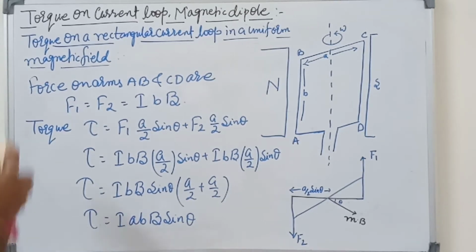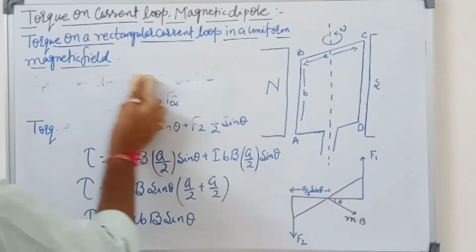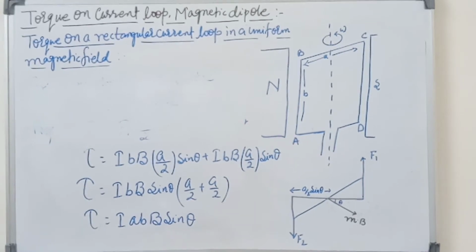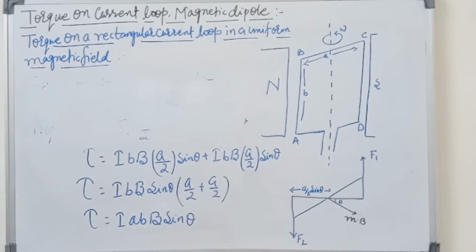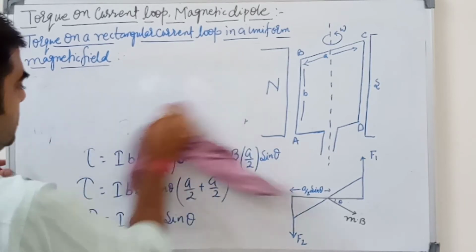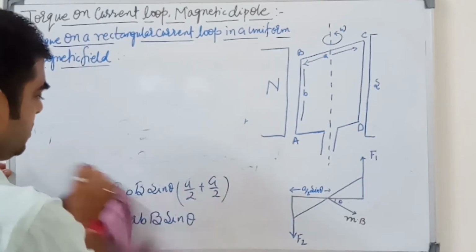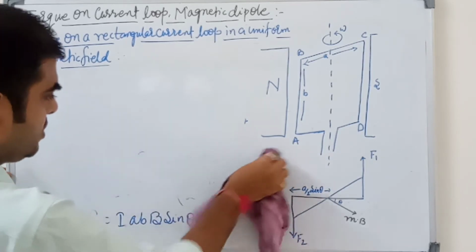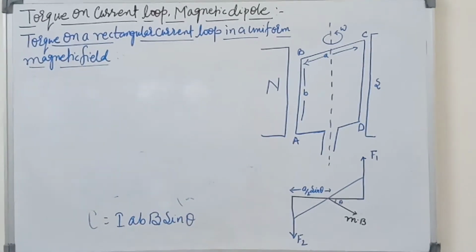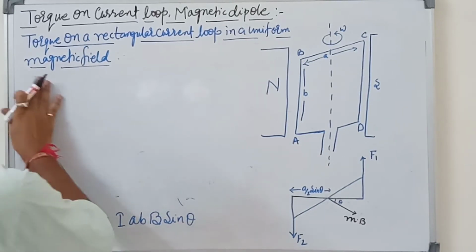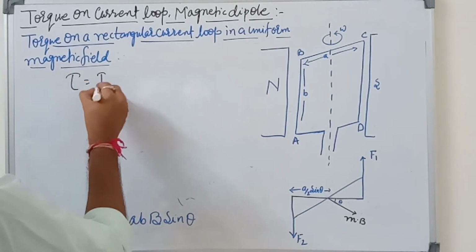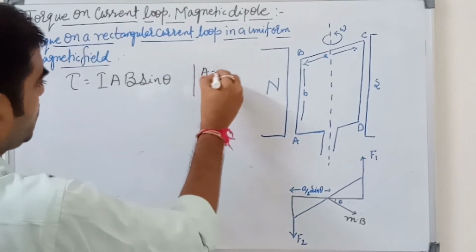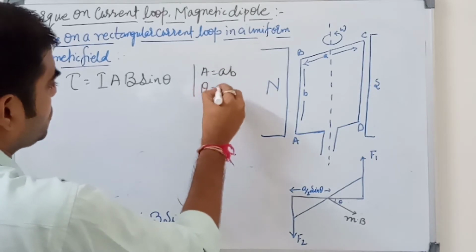Okay, now the next point is very clear. So tau is equal to IAB sin theta, because A is equal to ab, and theta goes to 0.